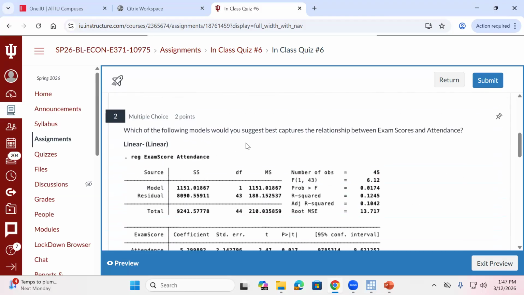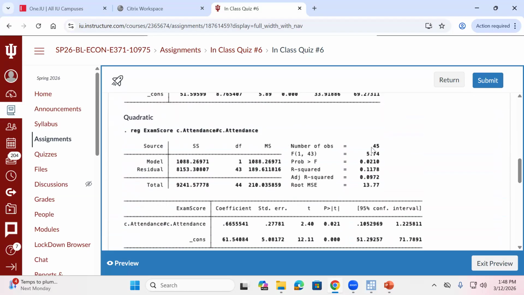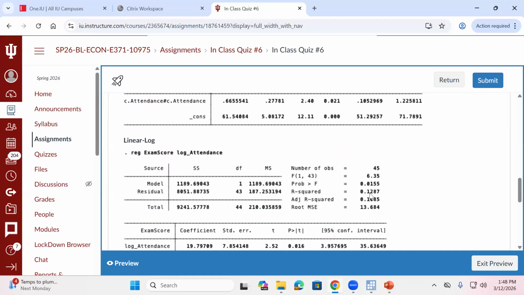And then, what would suggest that I'm capturing a better relationship between the exam score and attendance? So attendance improves exam scores. I told you I'd have some regression output that shows that. So here, I've got an R squared of 0.12 from the linear model, 0.11 from my squared model, and 0.1287 from my linear log model.